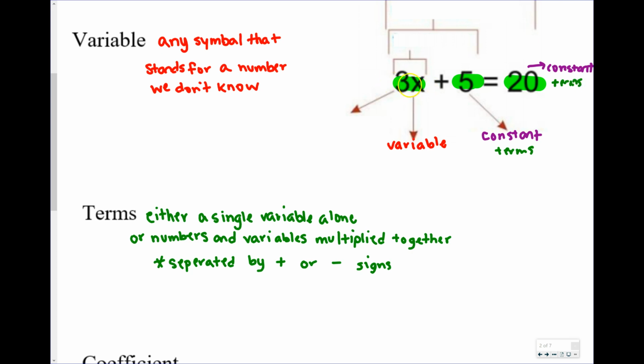Additionally, this 3x right here is also a term because it's a number and a variable multiplied together. And notice that the 3x, 5, and 20 are all separated by a plus and an equal sign. So they are just separated by operations, okay? So 3 terms in this example.